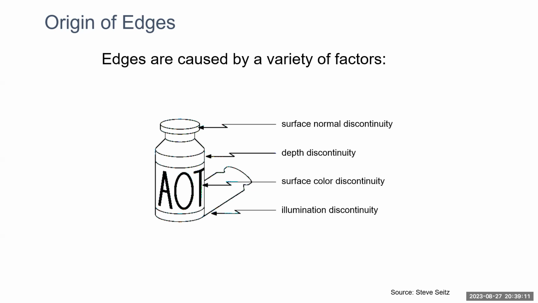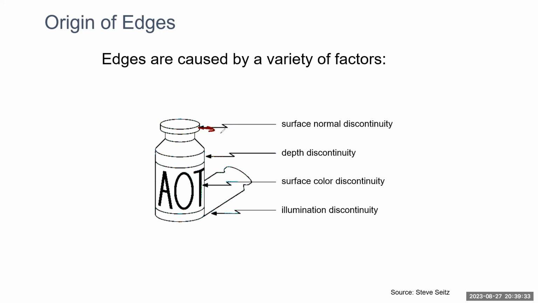If you look at this, I can annotate. This one is a surface normal discontinuity, right? It says this surface is normal to the background, so it's somewhat normal to the frame that we are looking at. So it's a surface normal discontinuity.